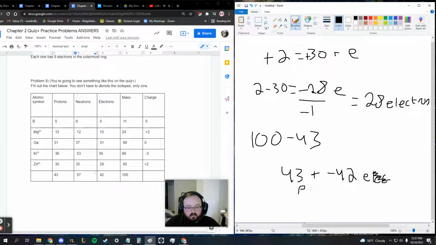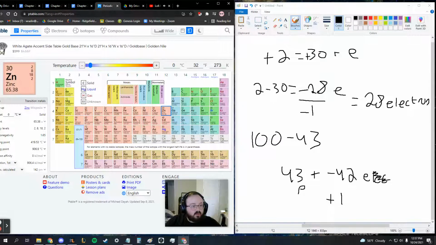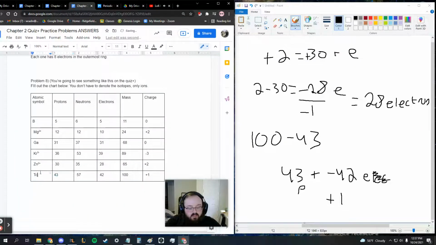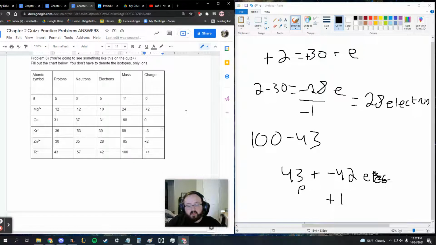I'm just going to cross this out. This will give us a +1. Our charge is +1. We go back to our periodic table, look for element 43. This is technetium. So we go back, write Tc, and this would be plus. Technetium plus.